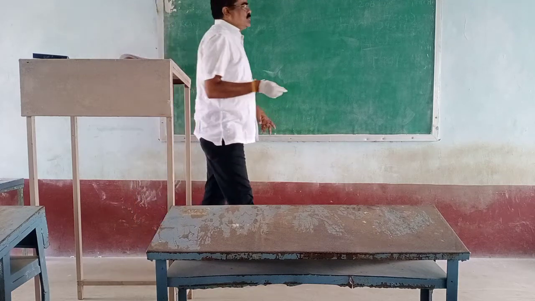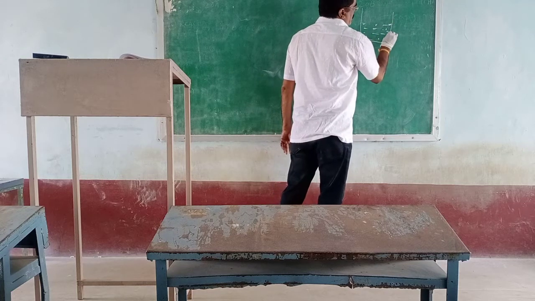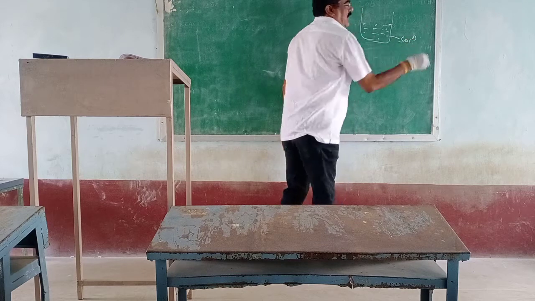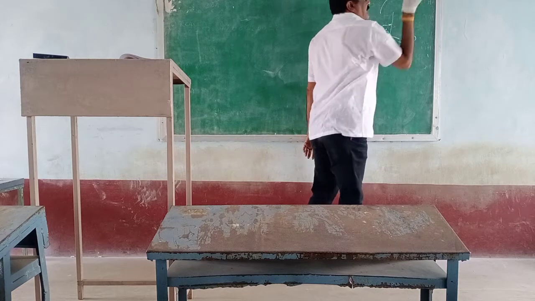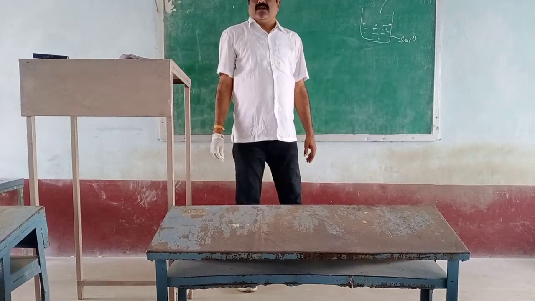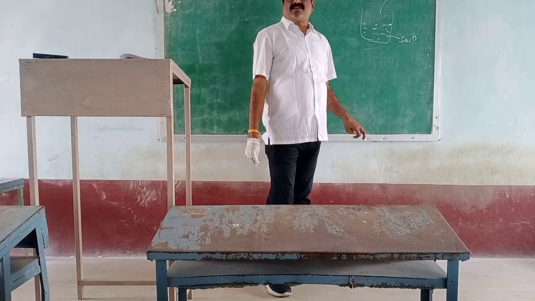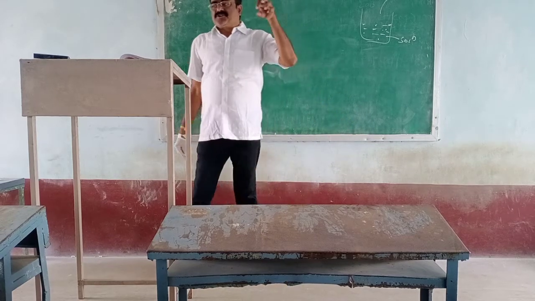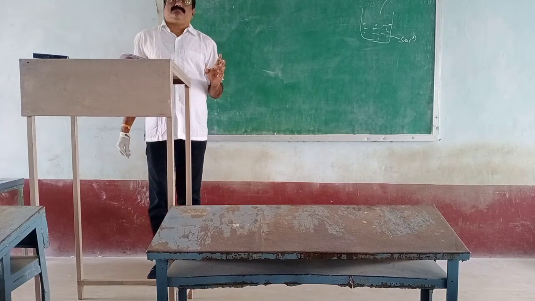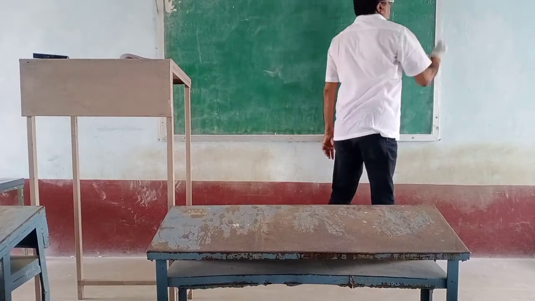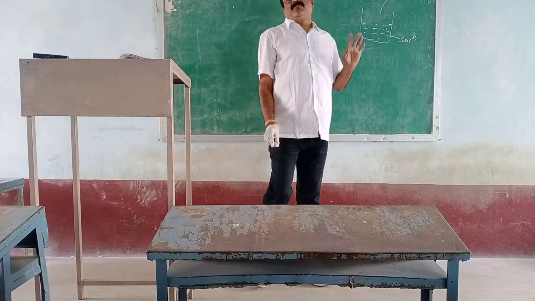Means if any solution is taken in this beaker, and the pH of this solution is, suppose, 10, and when we add any other strong acid or base, the solution which resists the change in the pH is called the buffer solution.